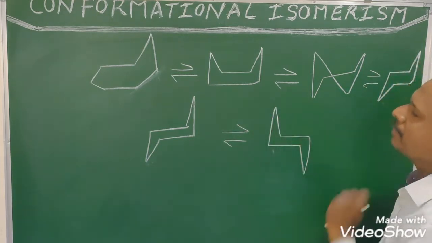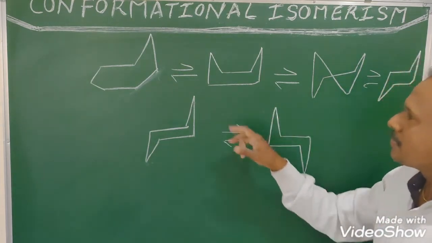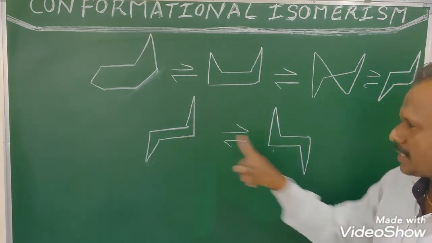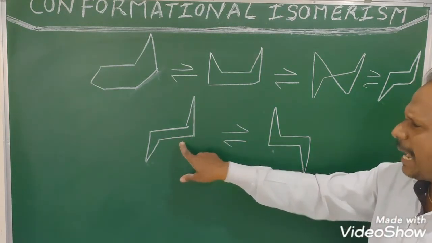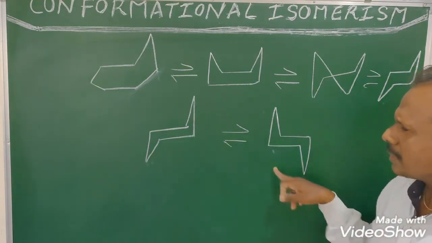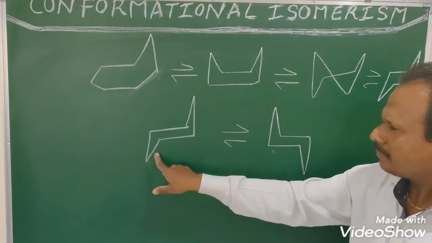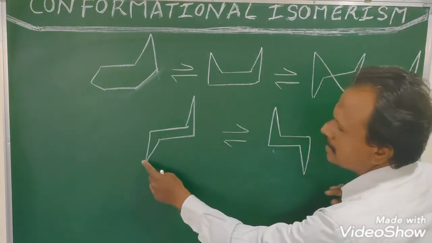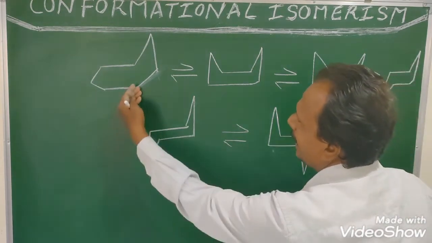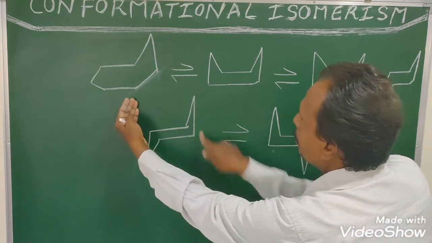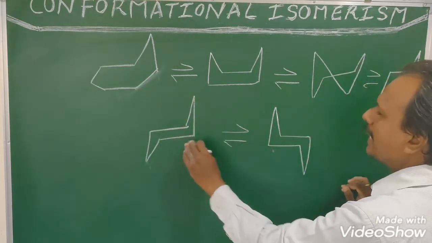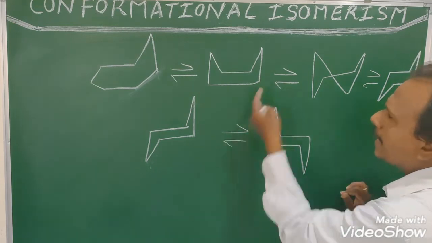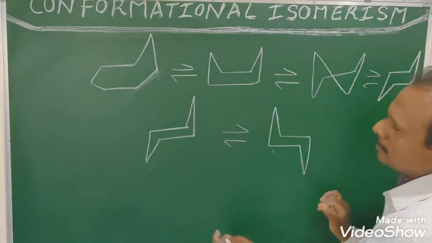This is called flipping. So cyclohexane has two chairs that rapidly convert from one chair to the other chair. The headrest and footrest swap: this footrest is converted to headrest, and this headrest is converted to footrest. This always occurs rapidly, and the intermediate is the boat form.